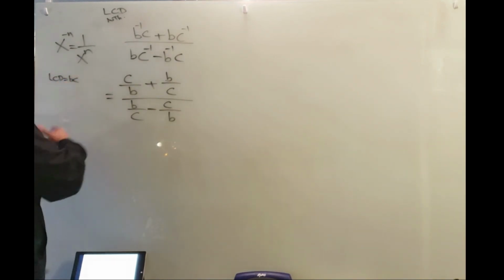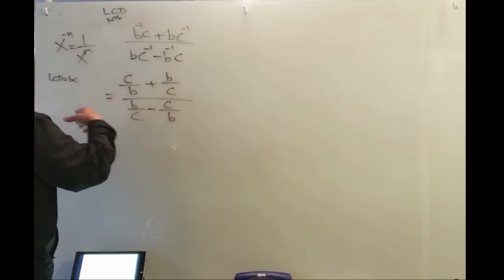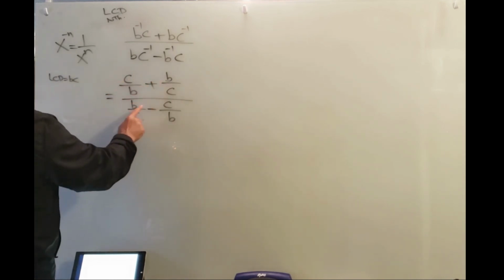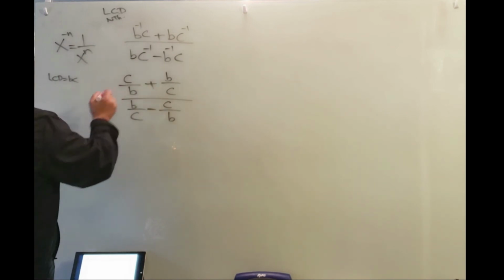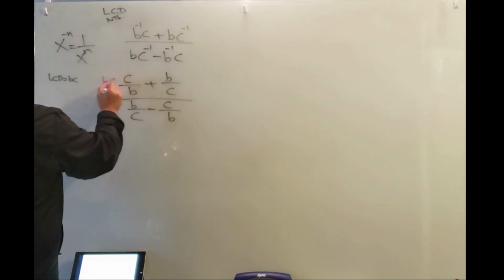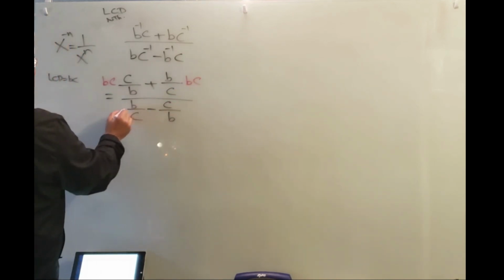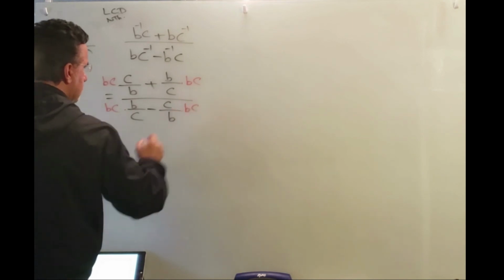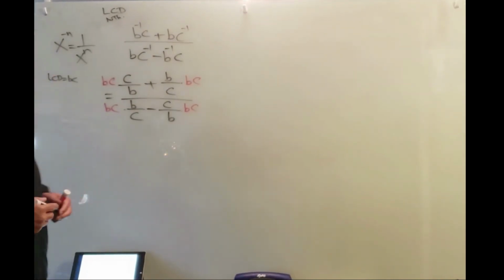So there's the LCD. And remember, we're going to multiply it on the top and distribute, and on the bottom and distribute. So you really should see the BC multiplied 1, 2, 3, 4 times by each term because of distribution. Now we just go through and we cross cancel as much as we can.